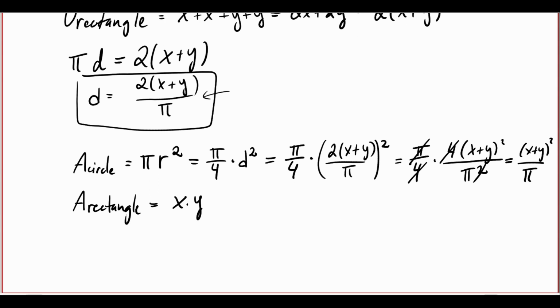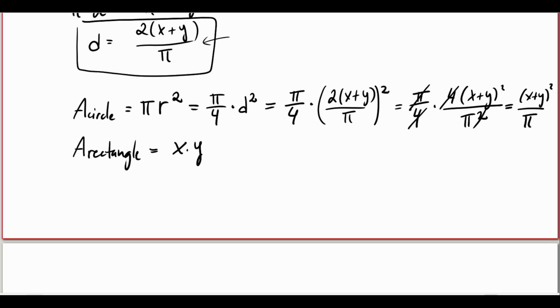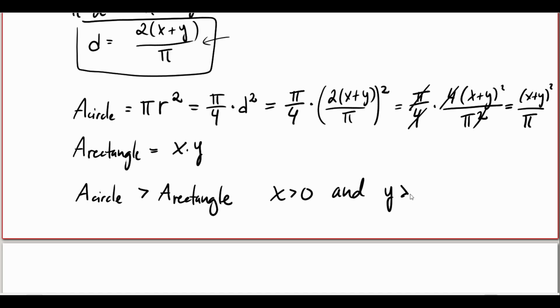Okay. So what we want to do now is to show that the area of the circle is larger than the area of the rectangle, for x larger than 0 and y larger than 0. So we don't want negative sides, and we don't want sides that are 0.